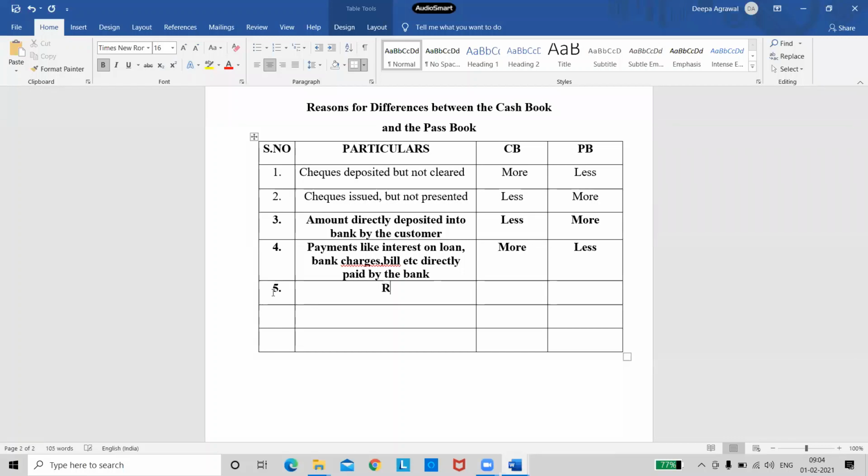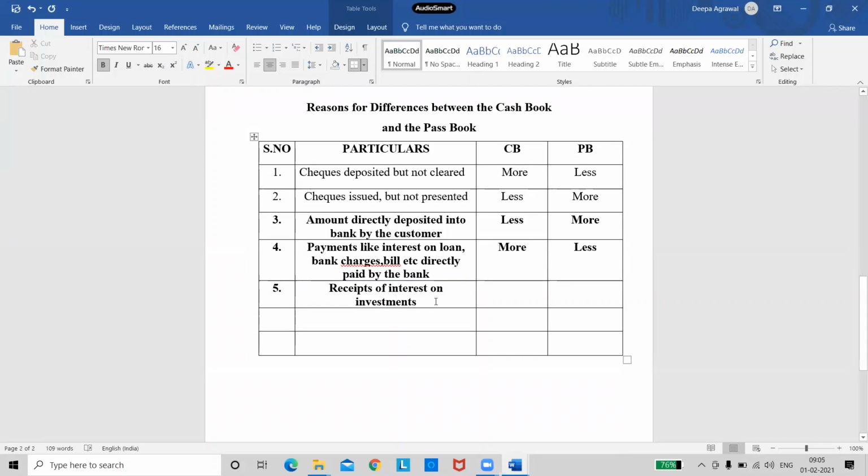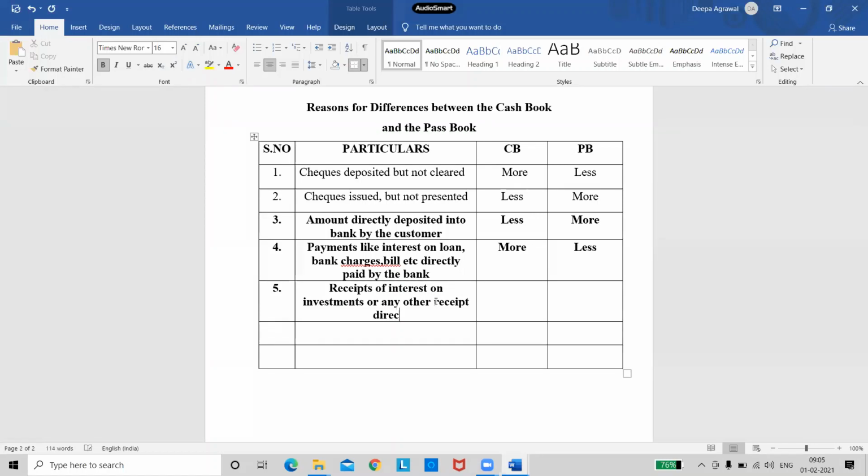Now, receipts of interest on investments or any other receipt directly collected by the bank.